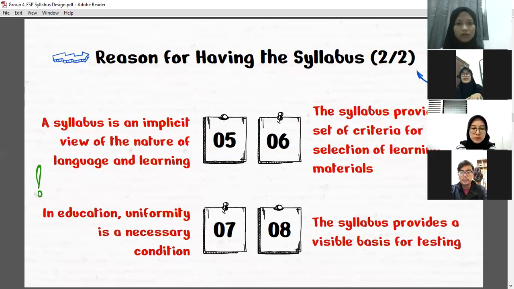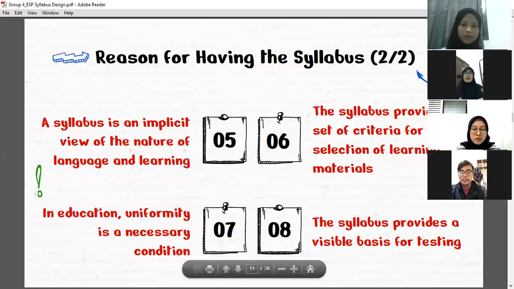In teaching that is intended to bring the learner to a certain state of knowledge, of course, it is necessary to have criteria that are the basis for assessing the success or failure of the learner in achieving the knowledge or skill, right? Therefore, a syllabus needs to be created to provide a feasible basis for testing.